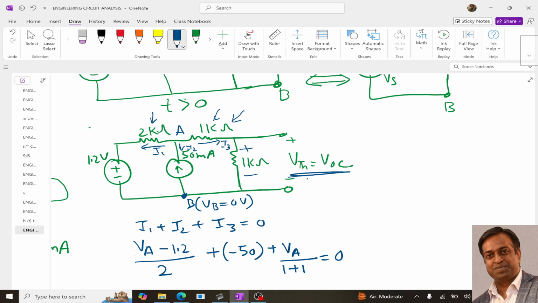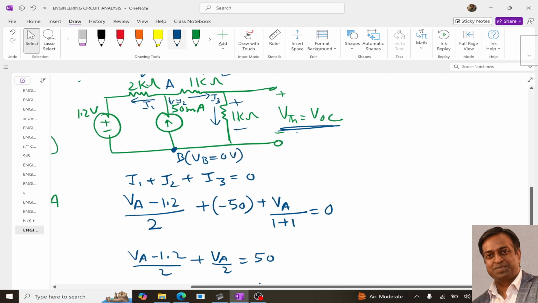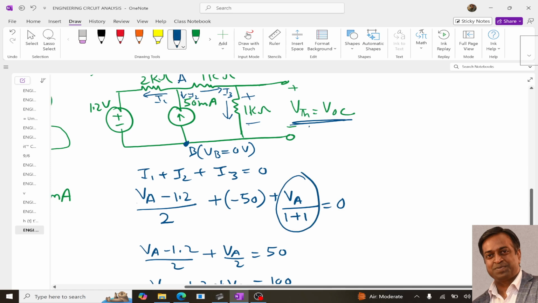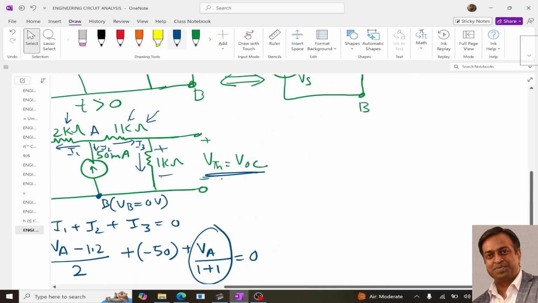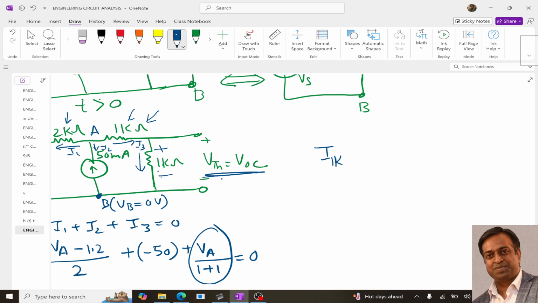So first of all, I need to determine this I3 current, the current that is flowing through this 1 kilo ohm. So the current that is flowing through this 1 kilo ohm, let it be IK.